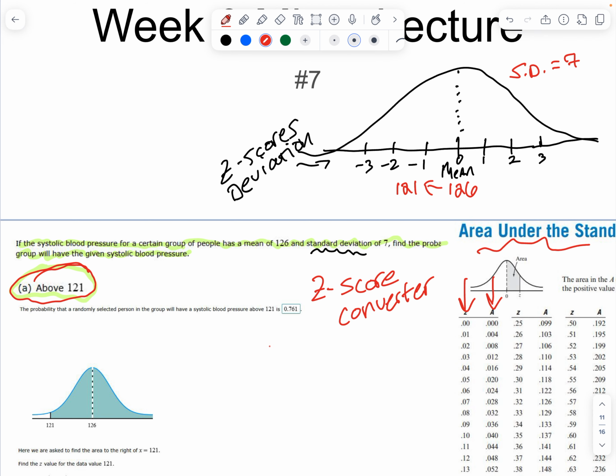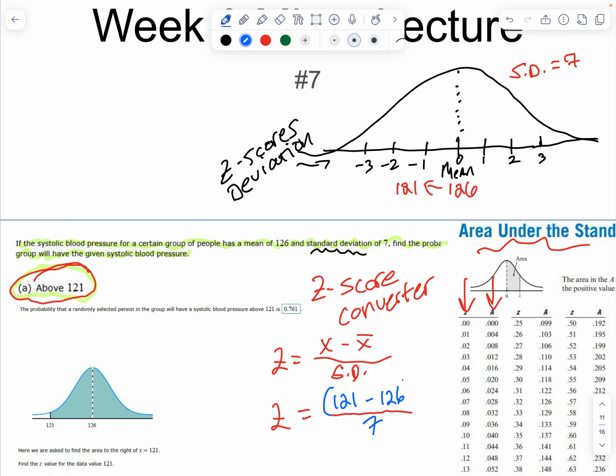To get your z-score, you take the number that you want to convert, subtract away the average, and divide it by the standard deviation. So for us, we are going to take 121, subtract out 126, and divide it by our deviation of 7.